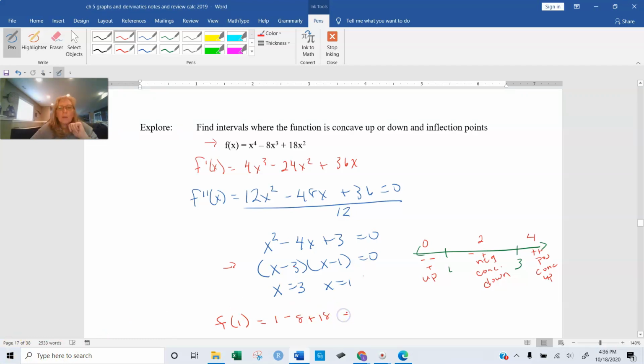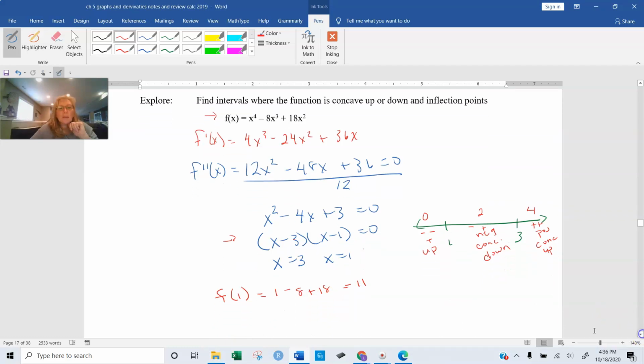Okay, so this is equal to 11. And then we're going to plug in f of 3. Use the table mode on your calculator. That's what I did. So that's 3 to the 4th minus 8 times 3 cubed plus 18 times 3 squared. And if I did that right, that equals 27.